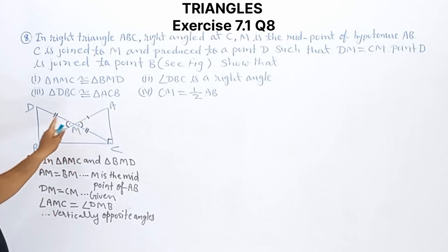So for these two triangles, this side equals this one, this side equals this one, and this angle equals this one. So what can we say?